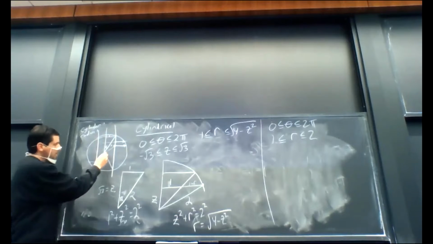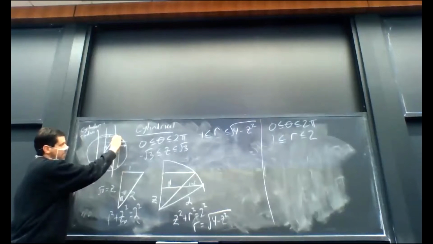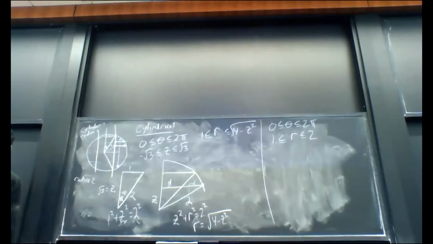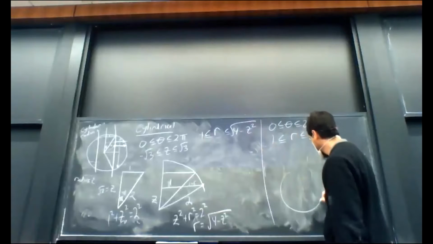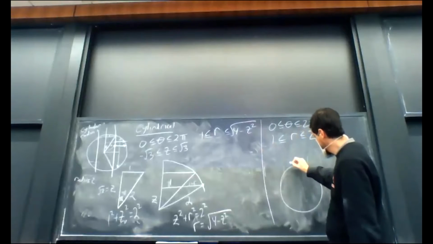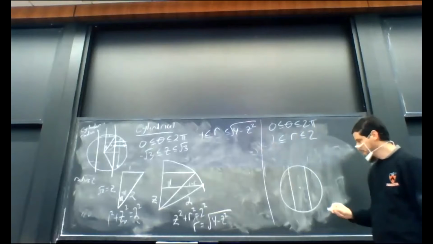So now I specify how far I want to walk out, and now I'm just going up and down. So this is drawing a triangle the other way. Now I have my circle. Here are my things of radius 1.